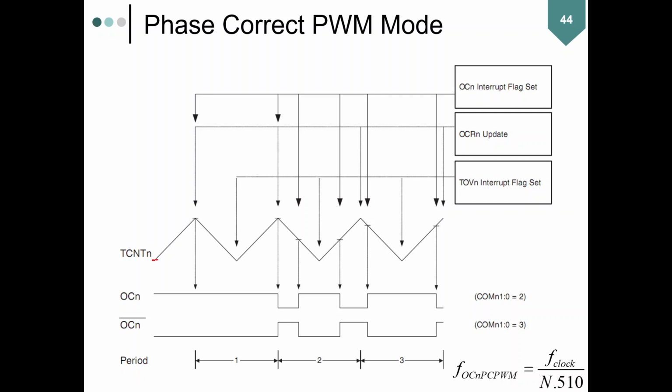So the counter starts from 0, goes all the way up to max, and then from max it goes all the way down to bottom 0. Here you can set the value of the output control register to different values wherever you want.